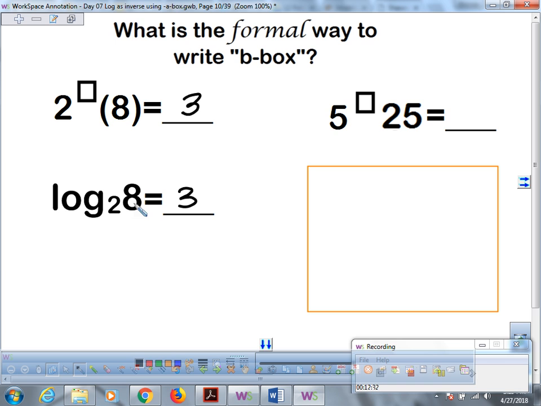It's going to take a little bit for you to train your mind on what it looks like. So whenever you see a log and it has a little tiny number, that's actually the base of an exponential number. Yeah. And so 2 to the 3 equals 8.